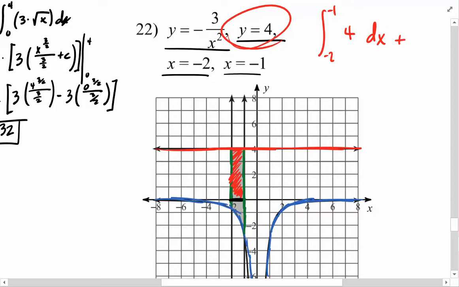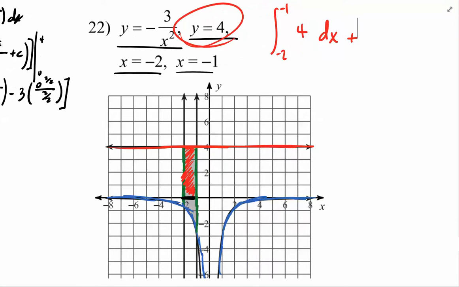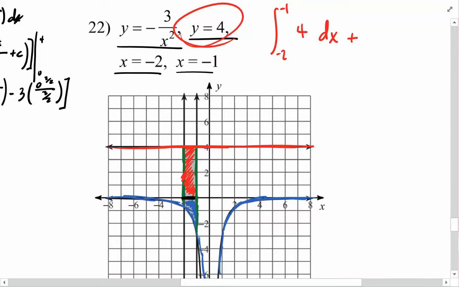And to that we would like to add the area underneath the x-axis, which is this section here, and that's found by the integral from -2 to -1 of this function, -3 divided by x squared with respect to x.